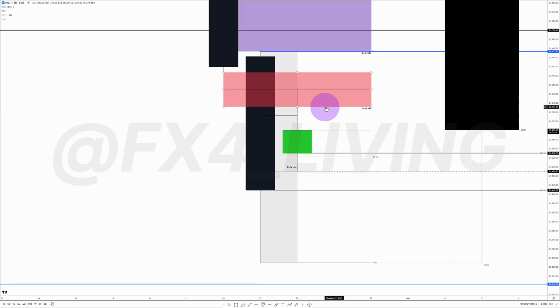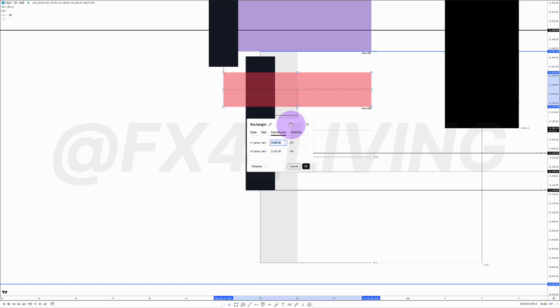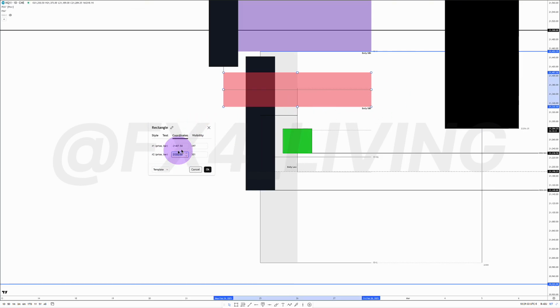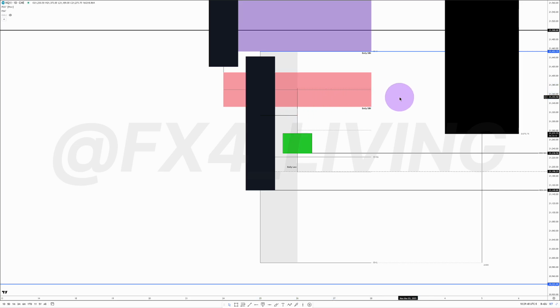So the daily high was this value right here, 332.50. That was the high of the day maybe an hour ago. I was marking from the daily high to this one right here, and right now we just went back for 50% of it. It seems like there's some sort of distribution happening here.